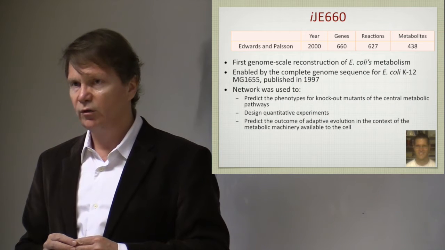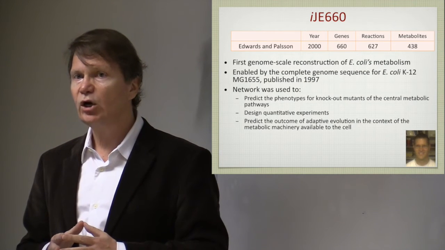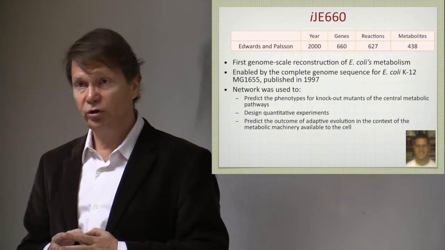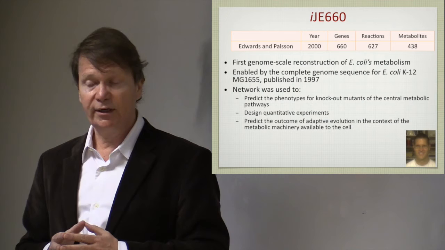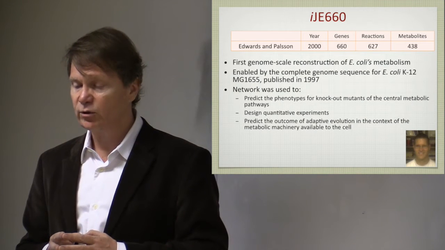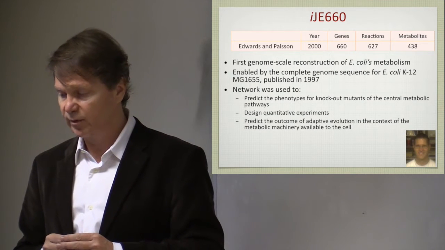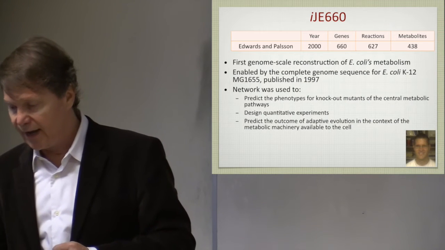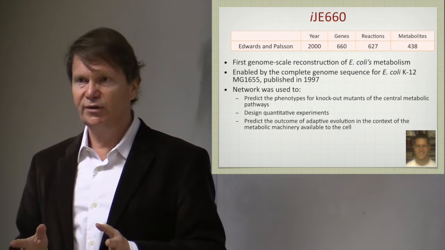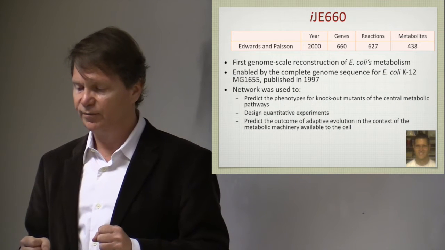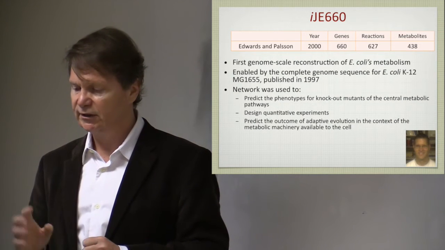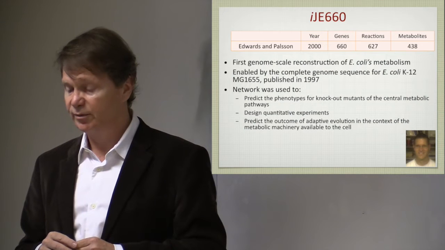This model was also used now to design quantitative experiments, including adaptive evolutionary experiments, and predicting their outcome, and did so successfully. And this is something we'll cover later in the class when we talk about adaptive evolution. And these were actually astonishing predictions that could be made this way. Genetic basis of lethality predicted, outcome of adaptive evolution.